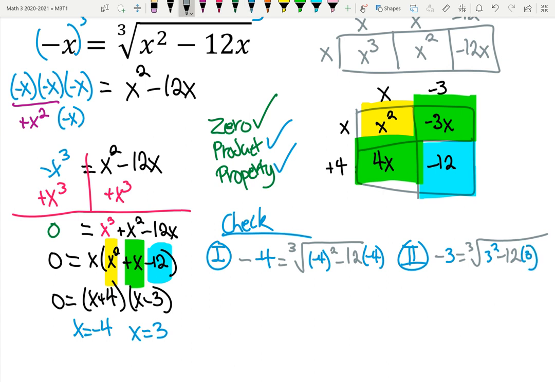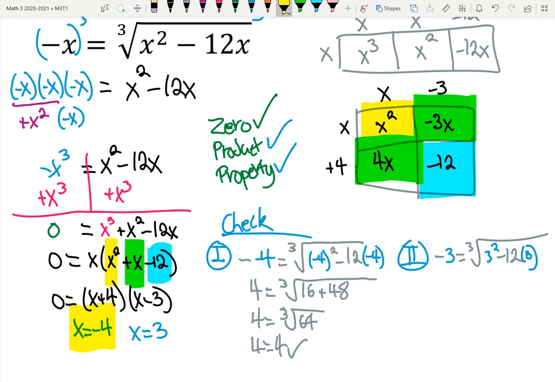When I evaluate the left side of the first one, I get 4 equals the cube root of 16 plus 48, which is 4 equals the cube root of 64, which is definitely equal to 4. So I know that negative 4 is a solution.